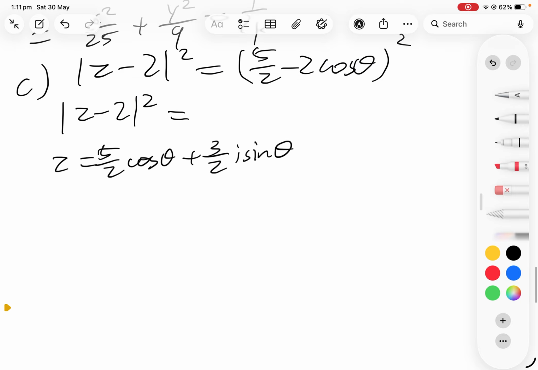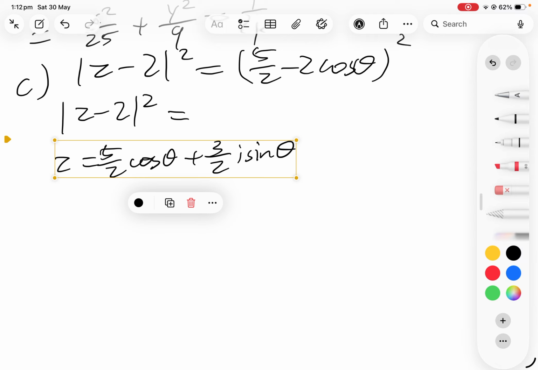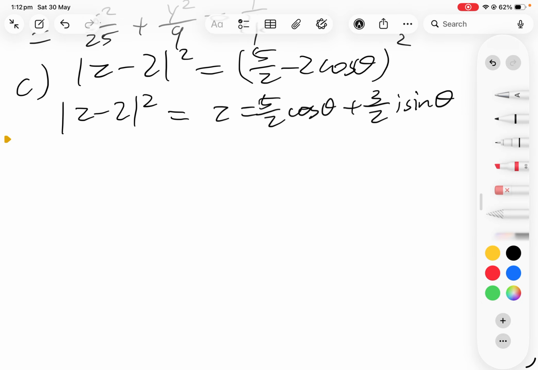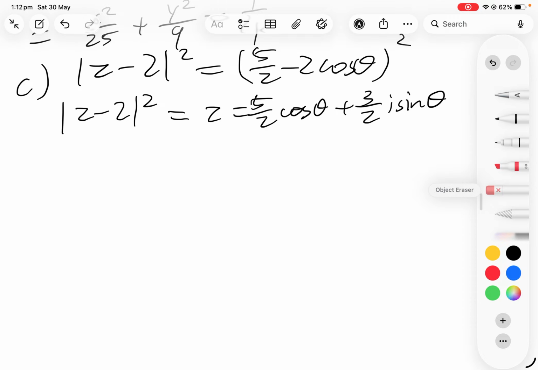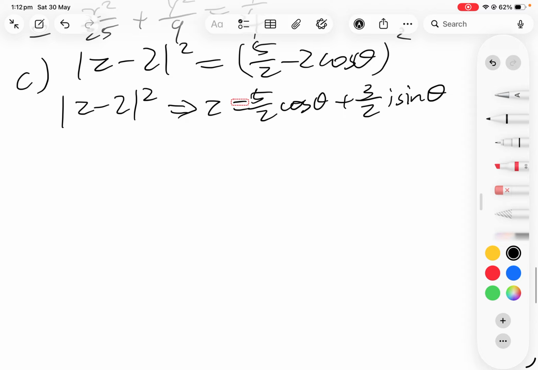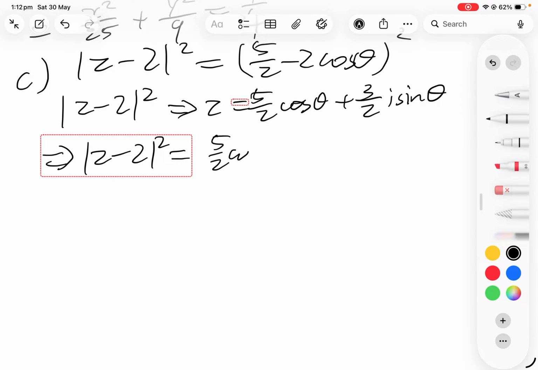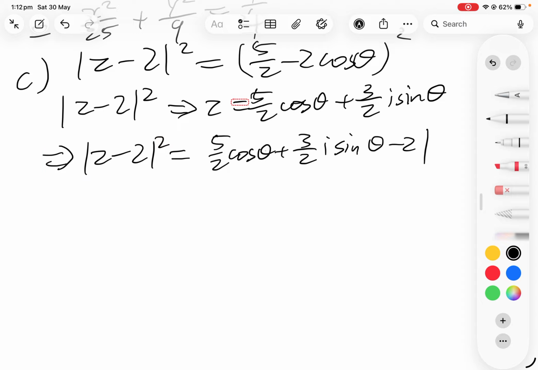So z equals this thing, right? That means z minus 2 squared equals 5 over 2 cos theta plus 3 over 2 sine theta minus 2.